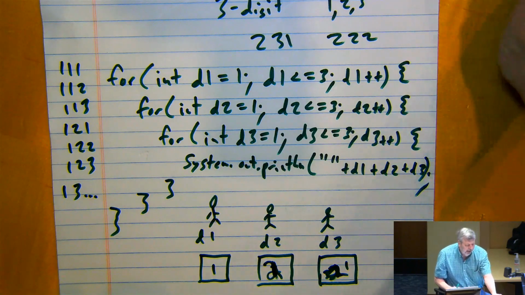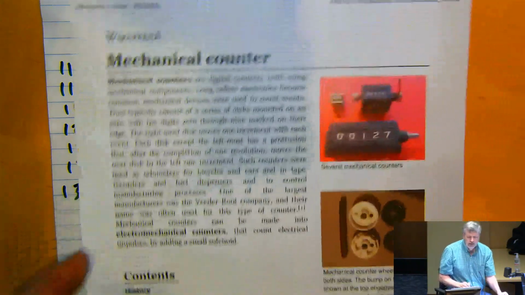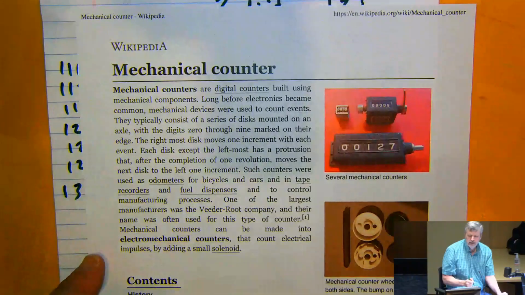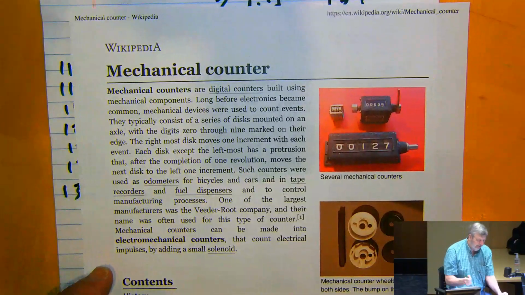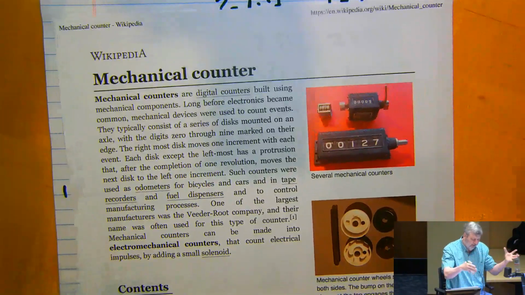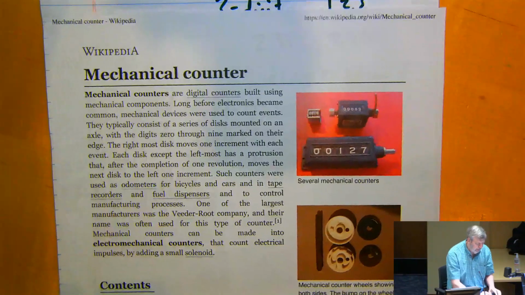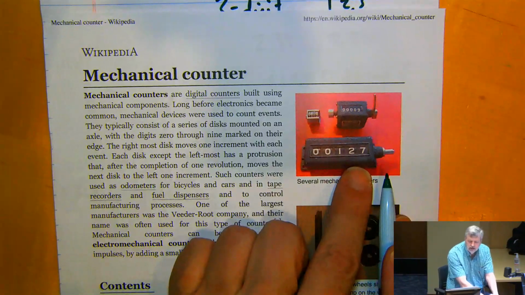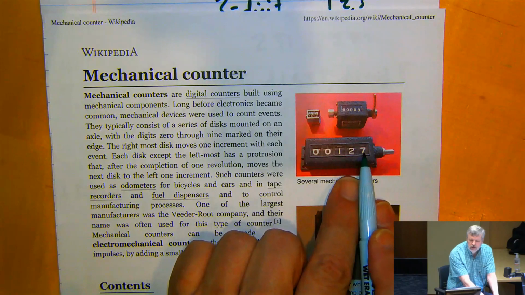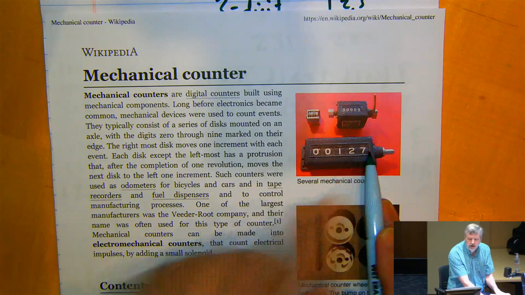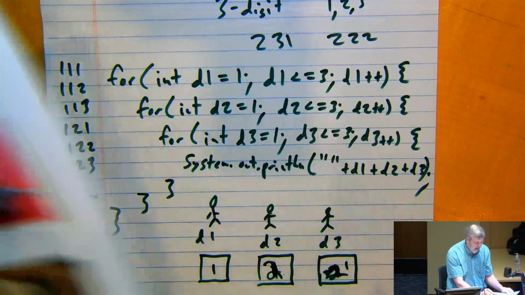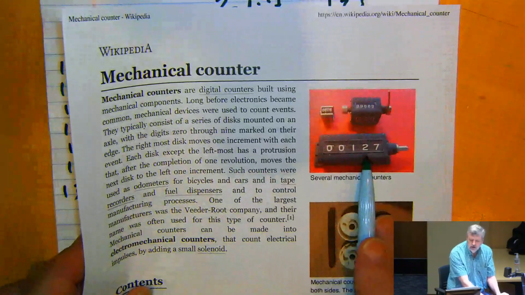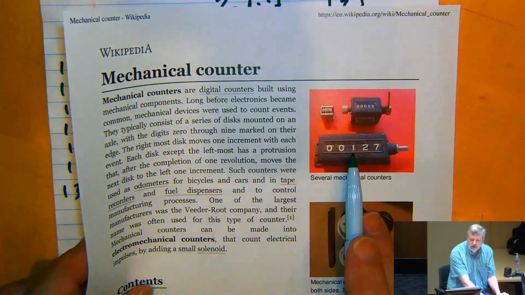I don't know about you, but when I visualize this, one of the things I found helpful is to think about mechanical counters. Maybe it's because my brother took apart a lot of stuff when I was a kid, and so I saw all the stuff in his room, things he'd pulled apart, including things that had counters like this. So I imagine that this rightmost digit here is D3, this digit here is D2, and this digit here is D1.